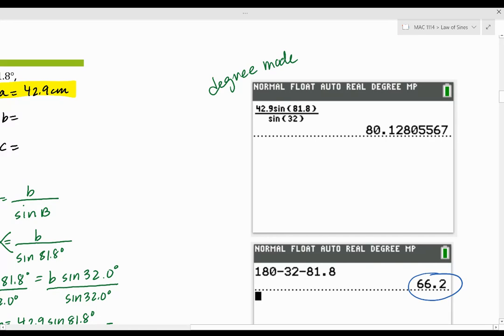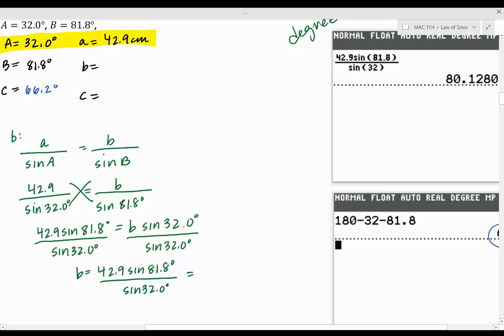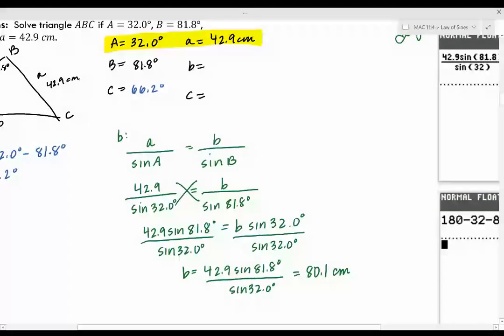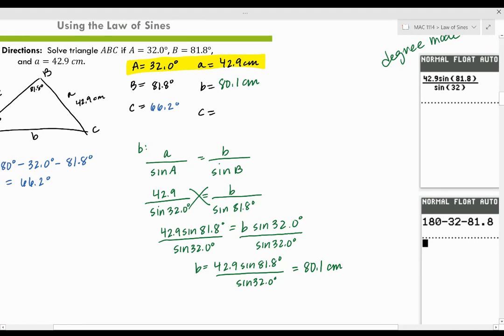So I'm going to round it to one decimal place. So that's going to give me 80.1. And our sides are measured in centimeters, so I'm going to say centimeters. Okay. All right, so we have 80.1 centimeters.